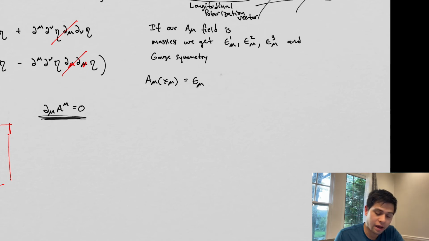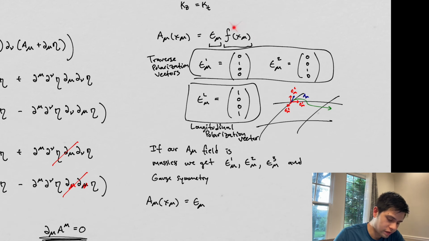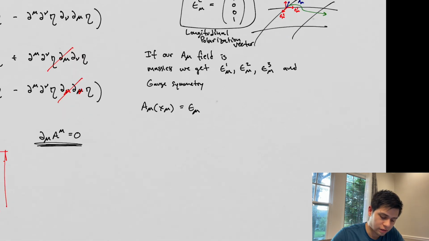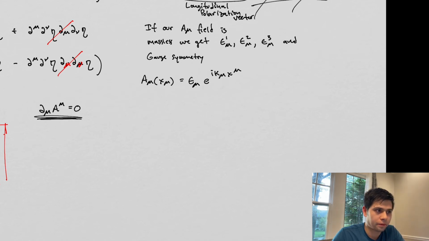And our f, this function right here, it says, let's suppose that is equal to the following function: e to the I k mu x mu. Okay.